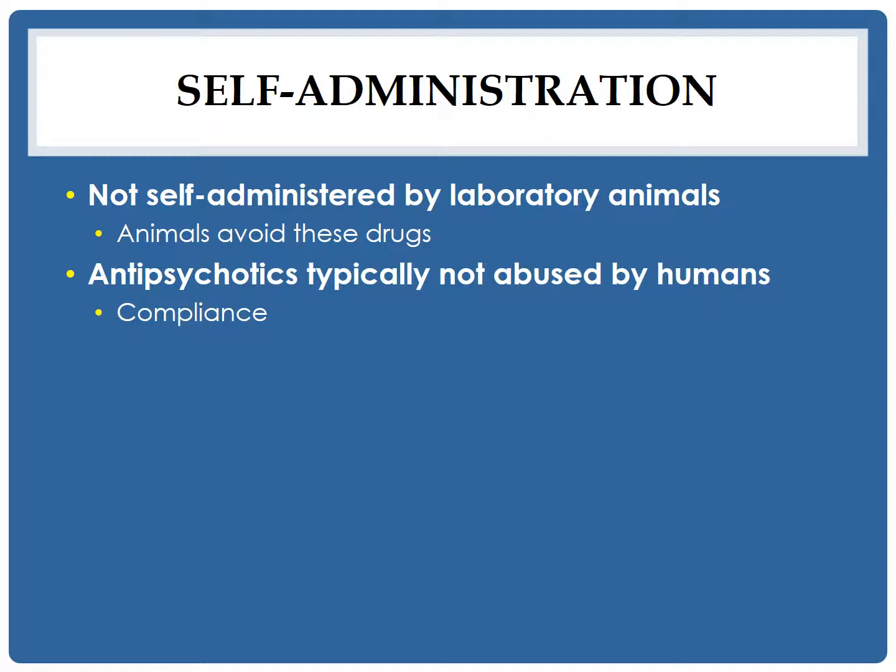In fact, low compliance is a big problem with self-administration in humans because these diseases are highly stigmatized. When people are feeling okay, they often discontinue their medication, and that triggers a relapse of the symptoms. And it's not just because the diseases are stigmatized, but also because of the side effects that a lot of people are experiencing, just what we've talked about over the last few slides.